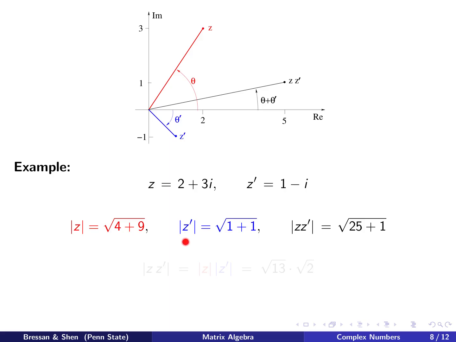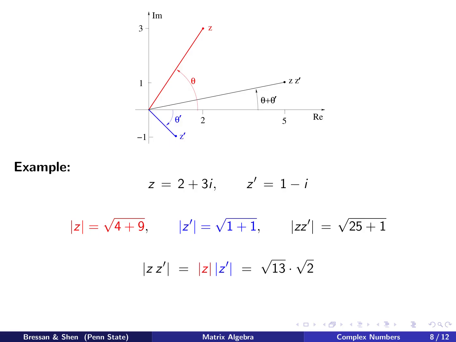And then for z prime, the modulus is the square root of 1 plus 1, which is root 2. And then what is the modulus of z times z prime? Well, we already calculated z times z prime, which is 5 plus i. So this will give me 5 squared plus 1 squared, so it's the square root of 26.